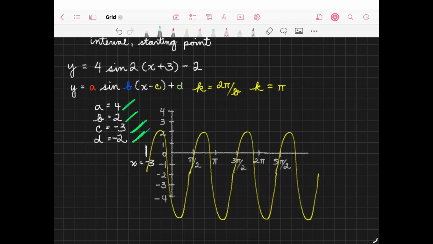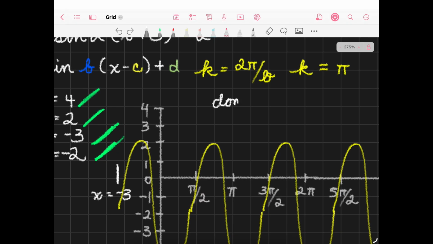Knowing that our graph for this equation is continuous, we can say that our domain would be negative infinity to infinity. While for our range, we can see that our minimum and maximum values of y have changed, because our D is equal to negative 2 and we shifted our graph down.